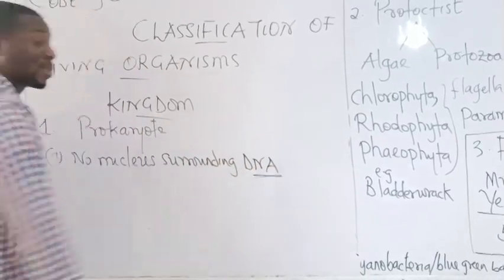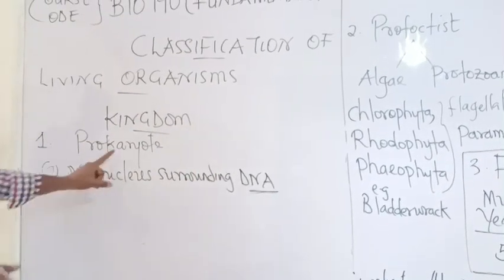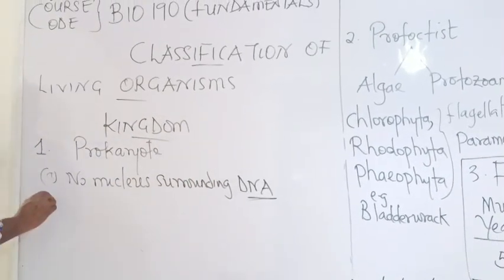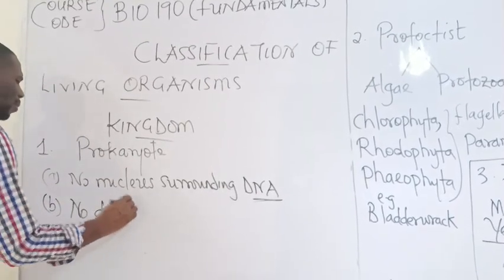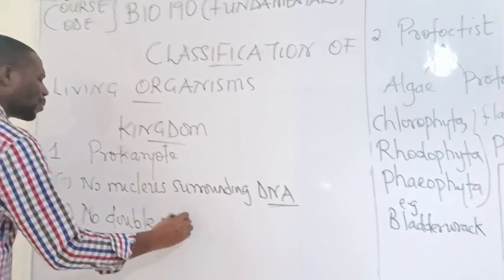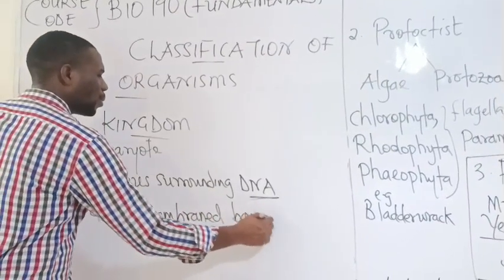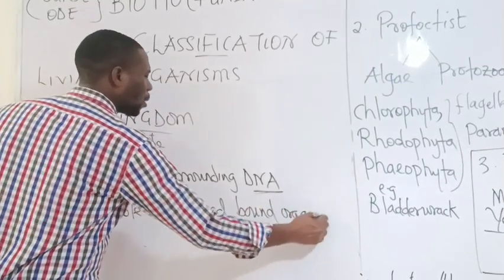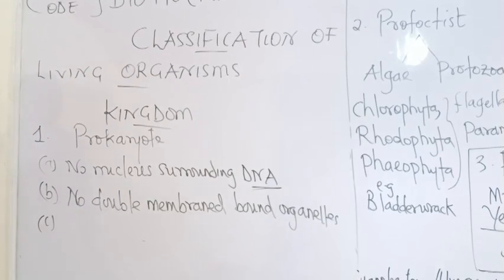This is just the genetic material that carries most information about the living organisms you find in this kingdom. And of course, there are no double membrane bound organelles.